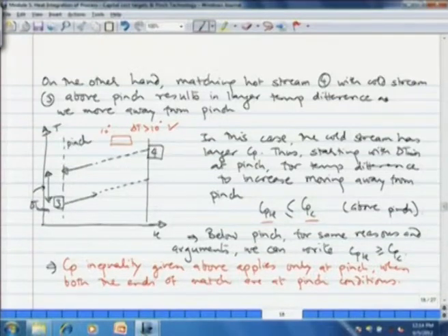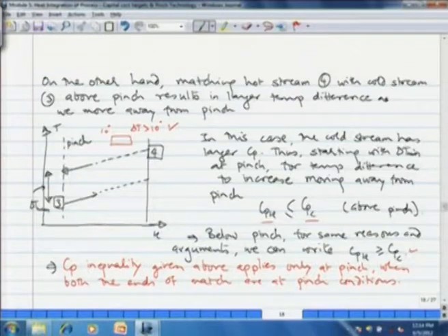Now, we can make a similar argument for the below pinch region. For below pinch, for the same reasons and arguments, we can write Cph has to be greater than or equal to Cpc. However, we should note one point, that the Cp inequality given above applies only at pinch or the region near the pinch.